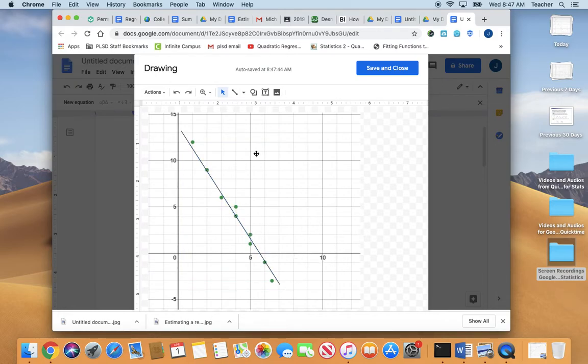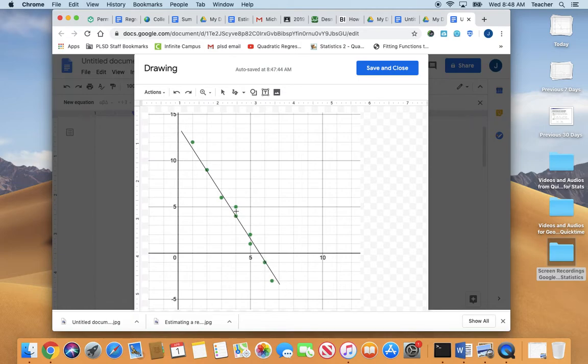Then you want to pick 2 points that are on this line and use those 2 points to help you estimate a line of best fit. When you choose the 2 points that are on this line of best fit that you've estimated by eye, they don't have to be points from the scatter plot. They just have to be points on the line. In general, I try to pick points on the line that are easy to get the coordinates of.